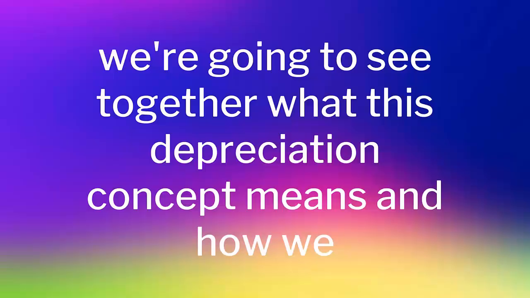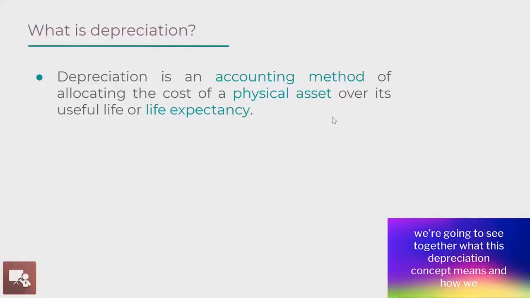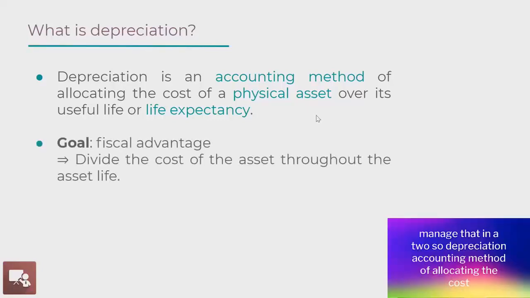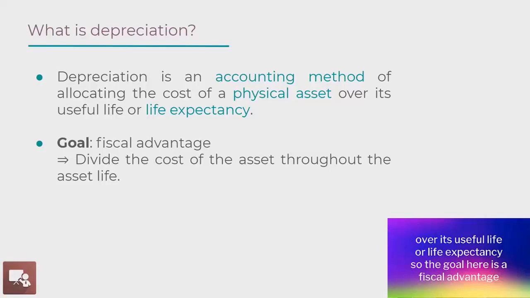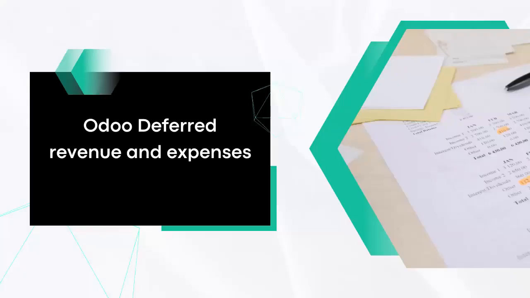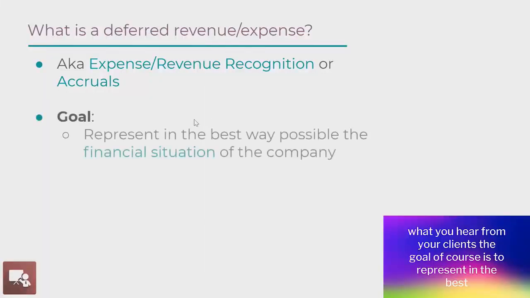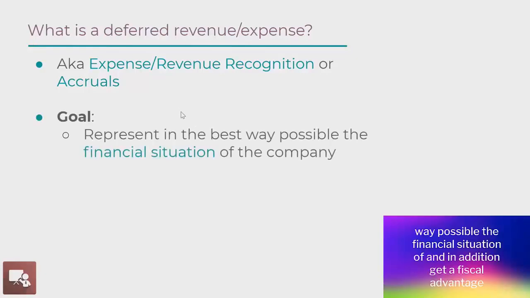we're going to see together what this depreciation concept means and how we manage that. Depreciation is an accounting method of allocating the cost of an asset over its useful life or life expectancy. So the goal here is a fiscal advantage, called expense or revenue, or also accrual, so it depends on what you hear from your clients.